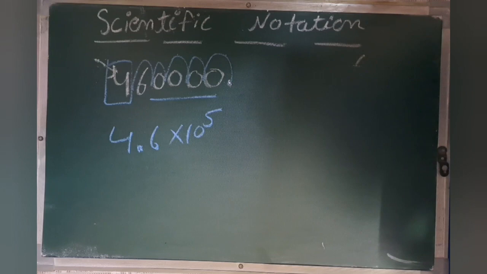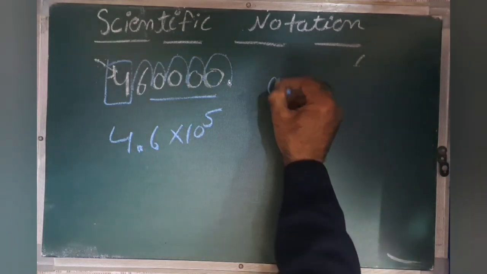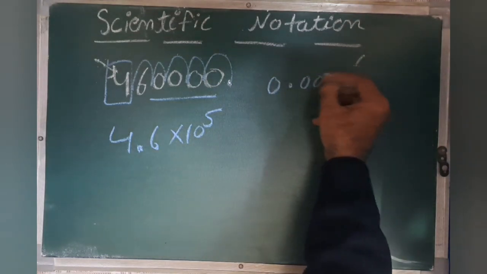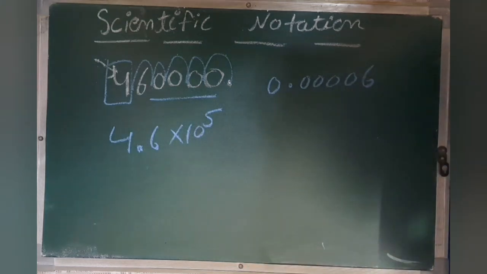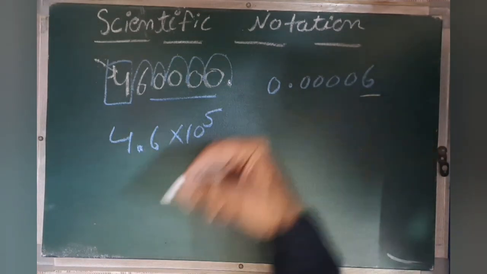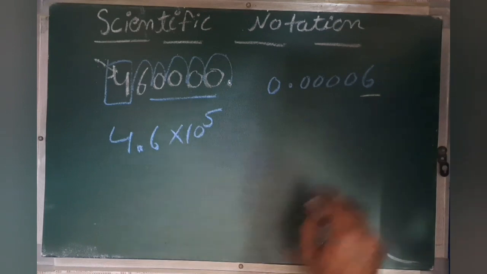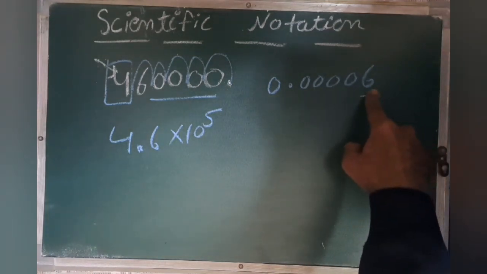One more example. Let's suppose the number is 0.00006. In this case, what is our leading digit? We just forget the zeros, so 6 is the leading digit.